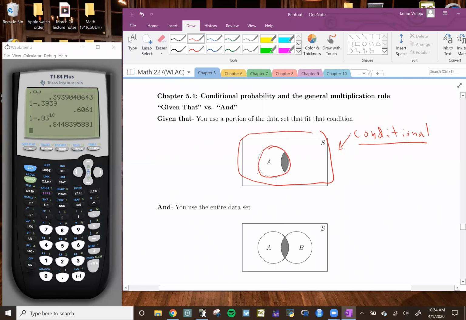In this scenario, we're not looking at the entire sample space. We're only looking at event A, because that's the condition: the data set had to be event A. So we're only looking at that. When we're doing an and statement, you always do it using the entire data set. So this is for an and statement.